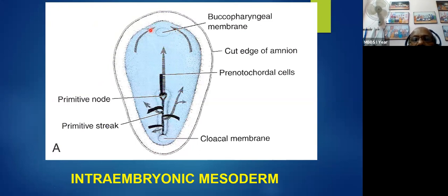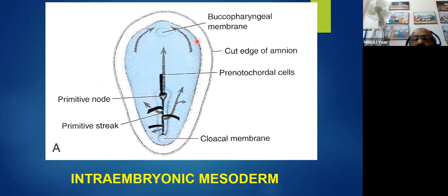Now you see that we have migration of these mesodermal cells cranial to the buccopharyngeal membrane also. That point is important. The mesoderm present at this level gives rise to our heart. These mesodermal cells, what we have here on either side like a horseshoe, are called the pericardial bar.